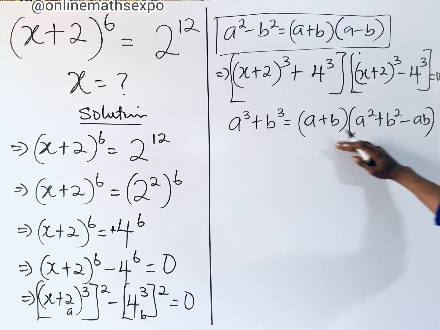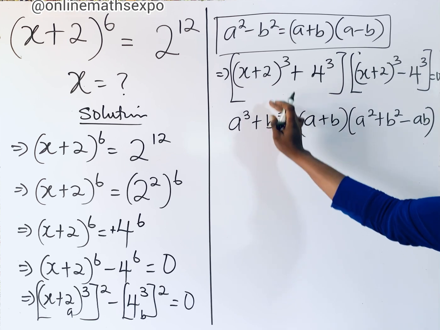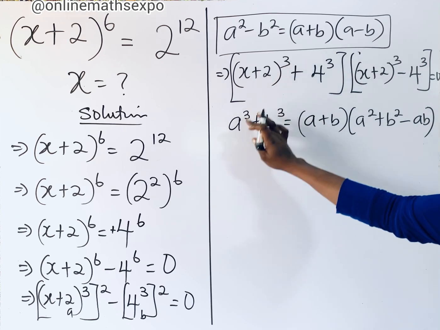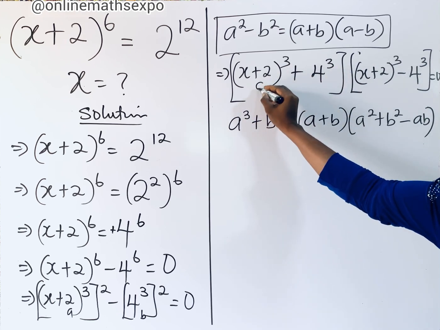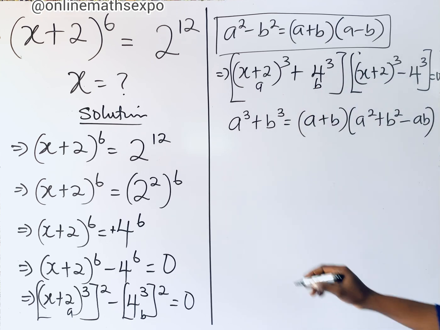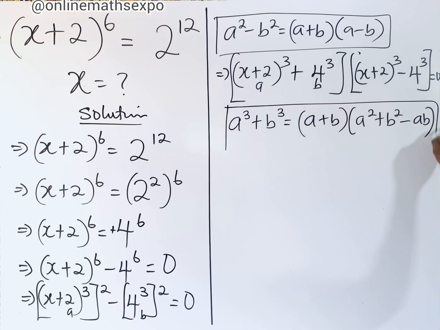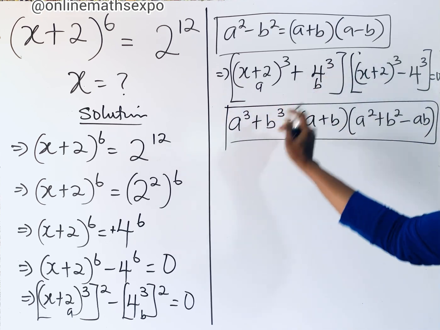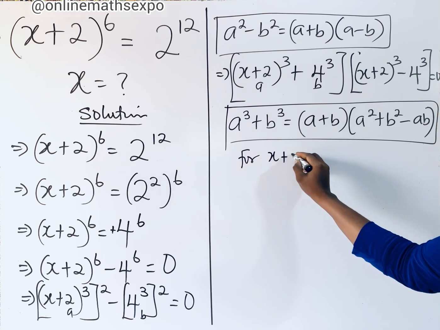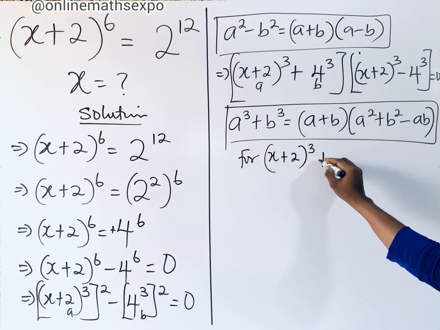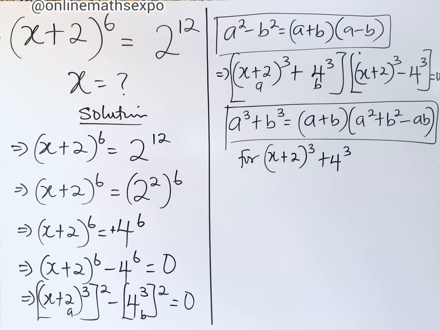So obeying this rule for this, you can see that this and this are cube and cube. So this is your a and this is your b. So we're going to apply this. For (x+2)^3 plus 4^3, what do we have?